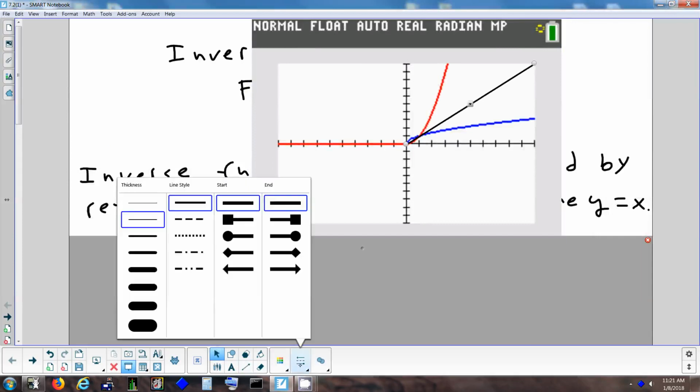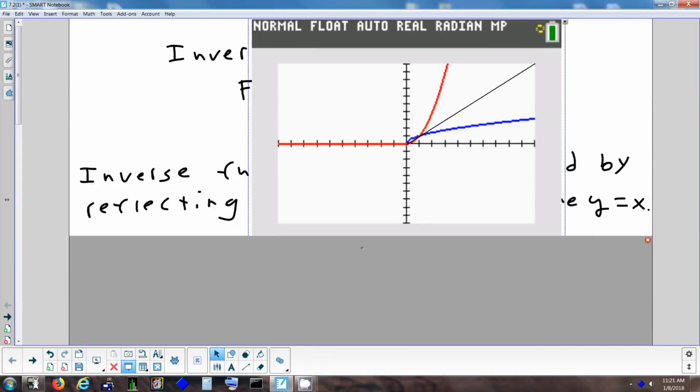It's a little hard to see because the line is kind of thick, but you can just visualize that. The blue line and the red line, if you flip them over that line, they're mirror images. Okay, that's what I'm trying to show you. So that's true for any inverse functions. They are mirror images of each other over the line that I just drew in black.